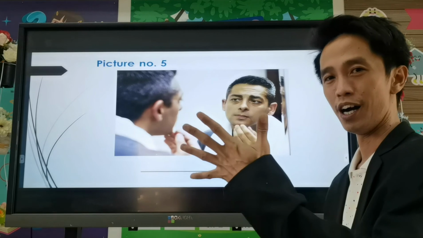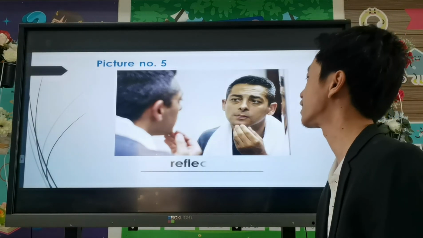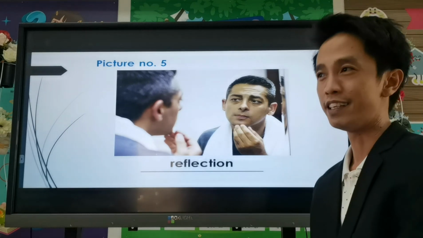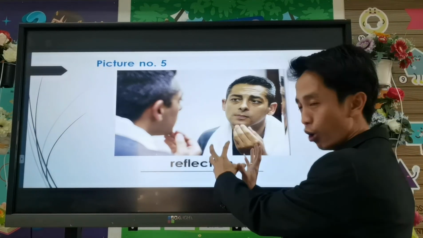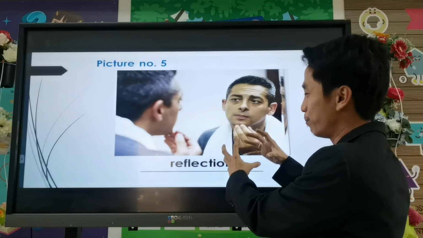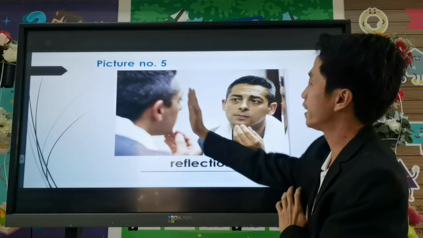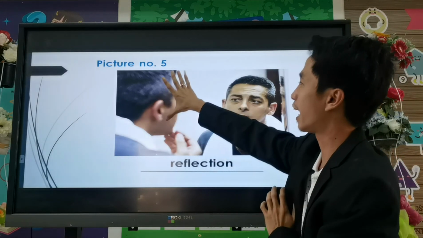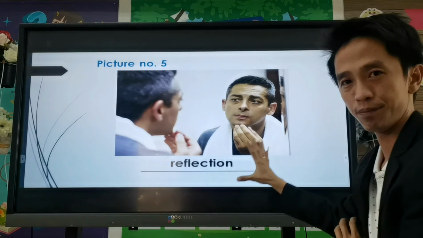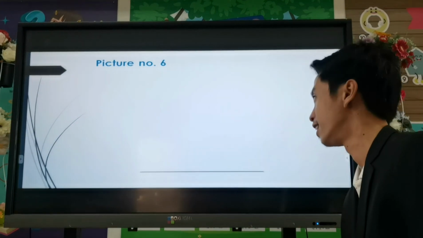Okay. 5, 4, 3, 2, 1. The answer is reflection. The example before is small, and the small guy becomes big when you see him in the concave mirror. But this one is almost the same. The sizes are the same. So it is reflection.